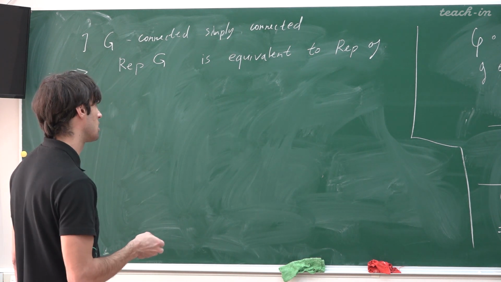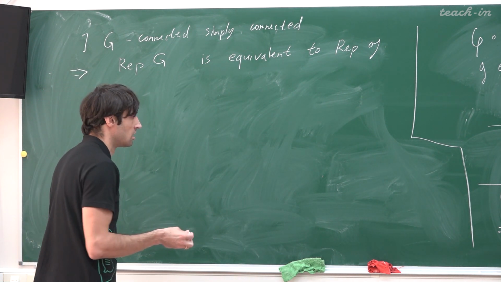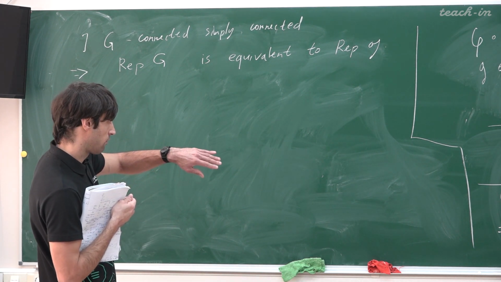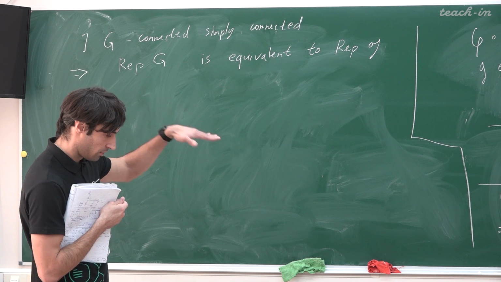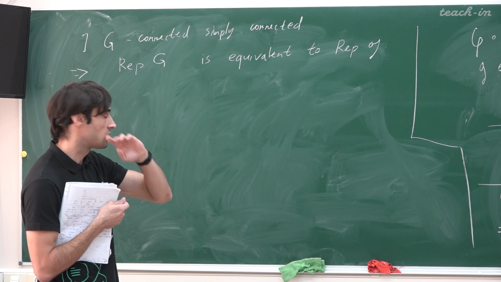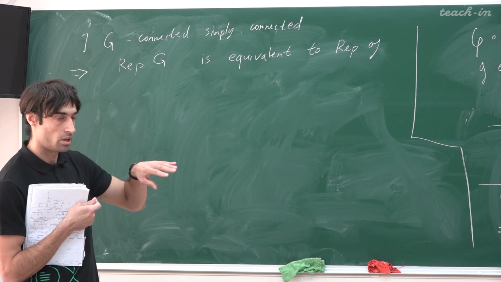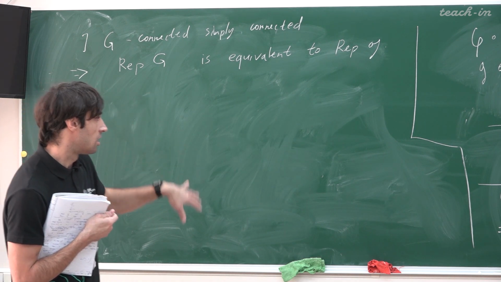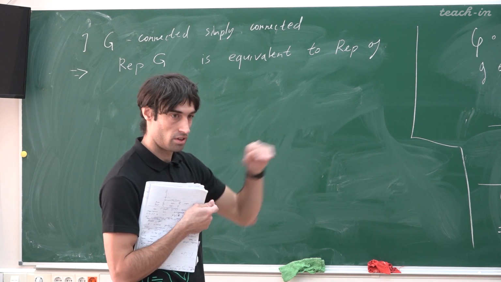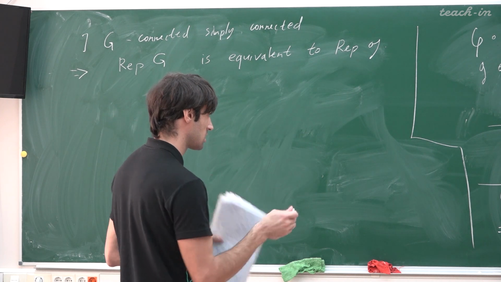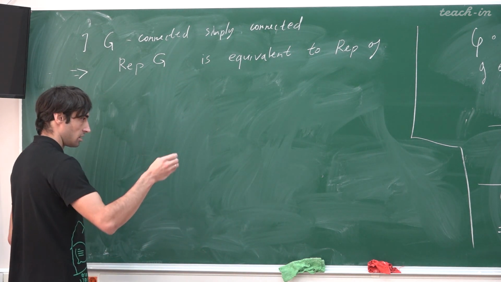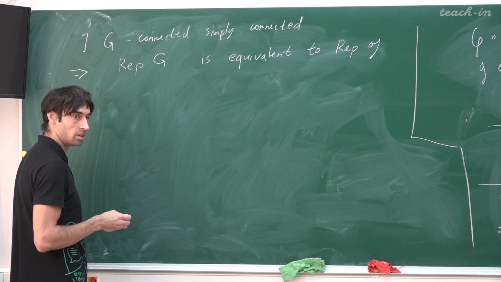But there's a theorem that says this happens if your functor is full and faithful, and if you have what's called essential surjectivity. So basically, you hit every isomorphism class by this functor, and this is exactly the second Lie theorem.